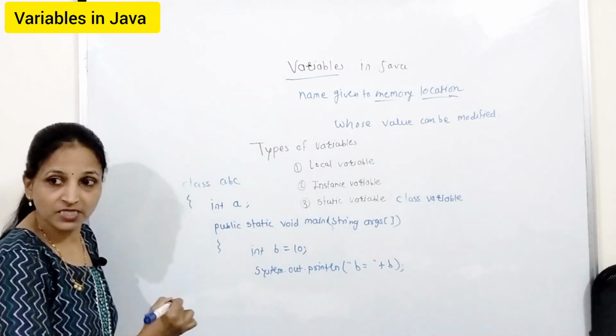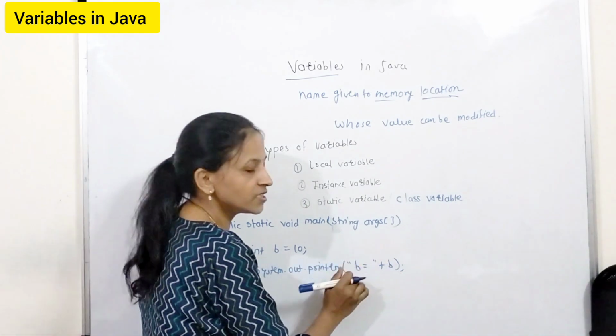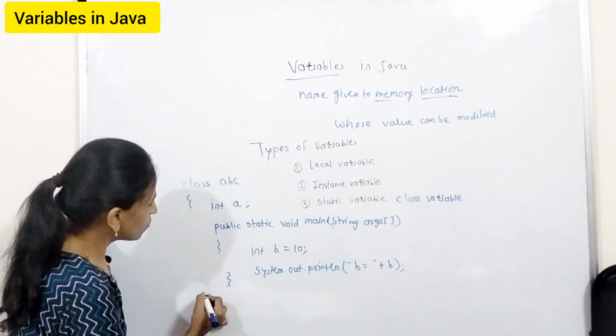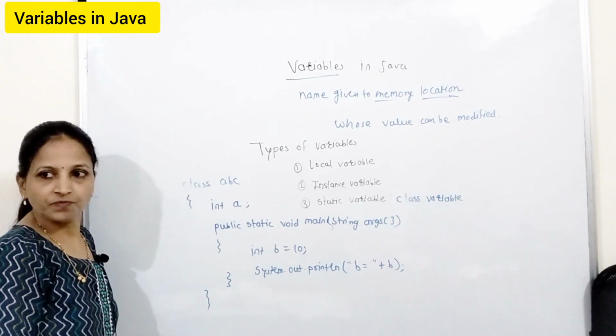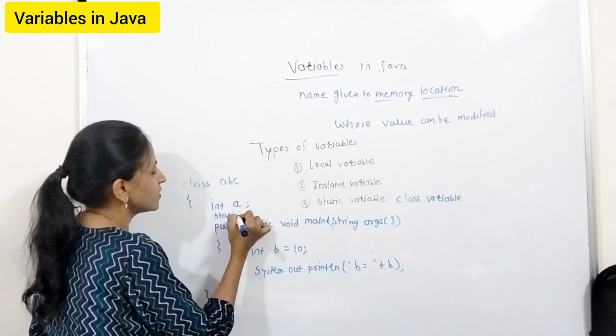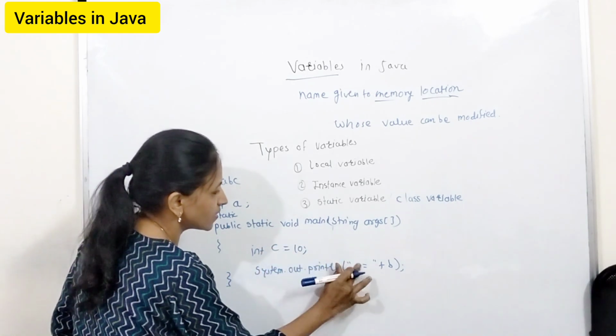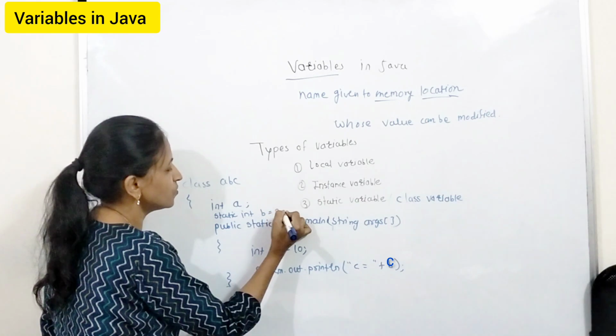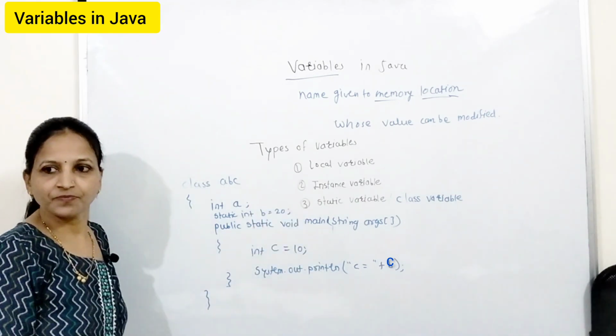Here we have to use plus to attach the variable and the string in System.out.println. Then we close here, and close here again. Now one more variable here I am declaring, static int b equals to 20, suppose.